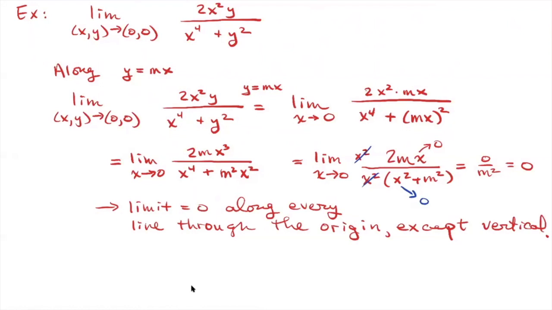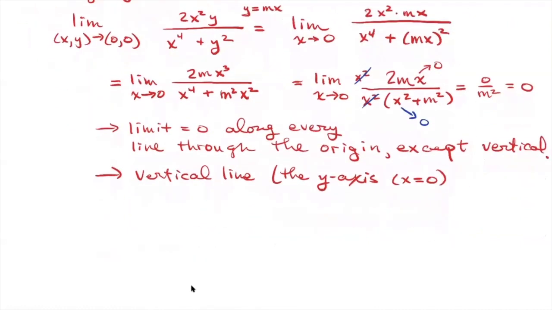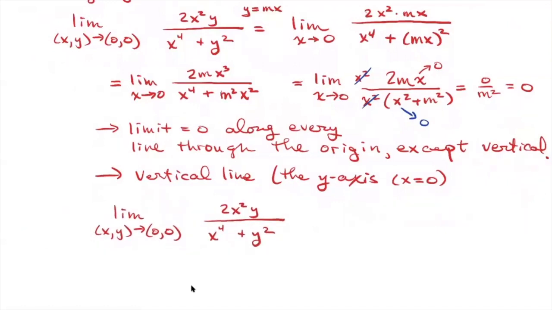Okay, so let's do the vertical line. That's the y-axis, where x is 0. Once again, we're going to grab this limit and make x 0. And so you end up with just a limit as y goes to 0.